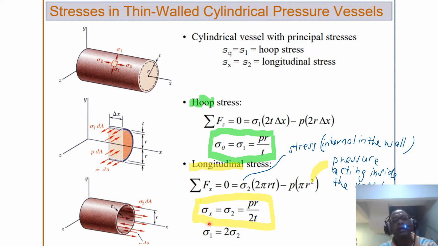From there you get the longitudinal stress, sigma x or sigma 2, equals p r over 2t.